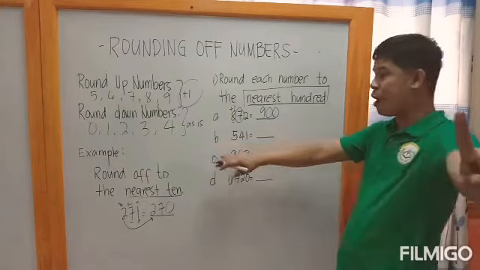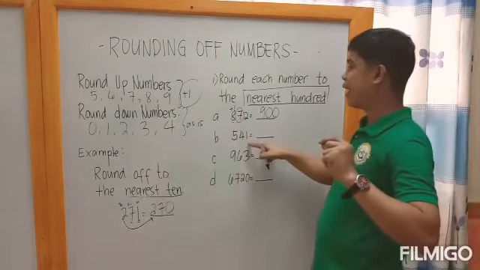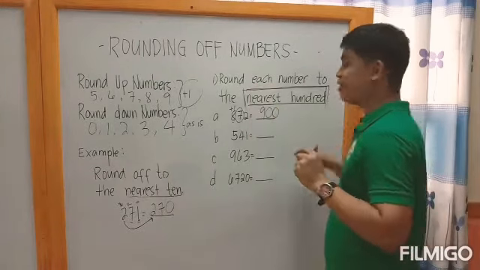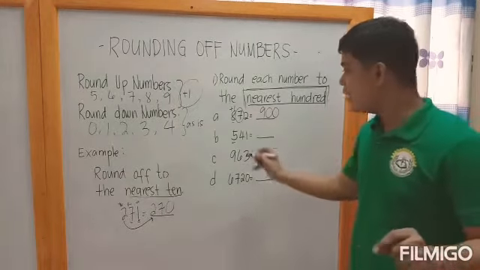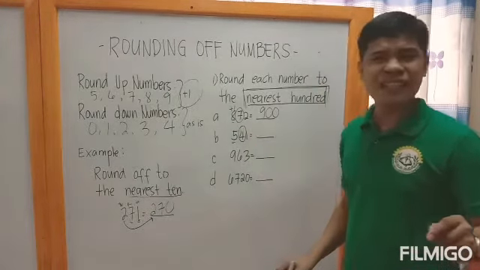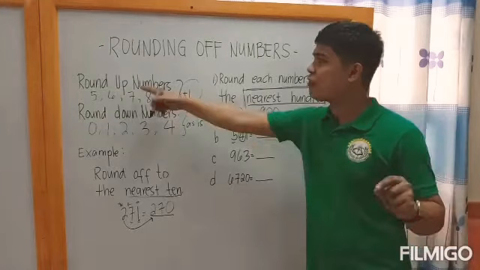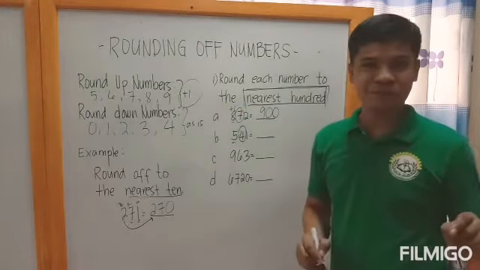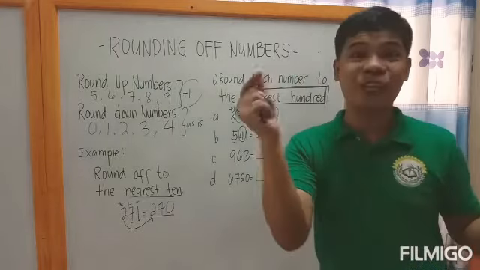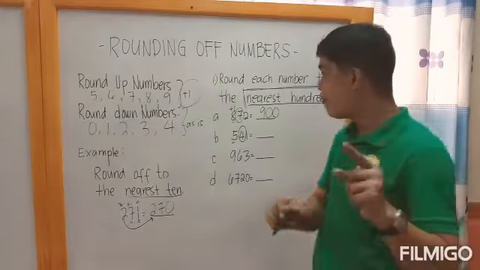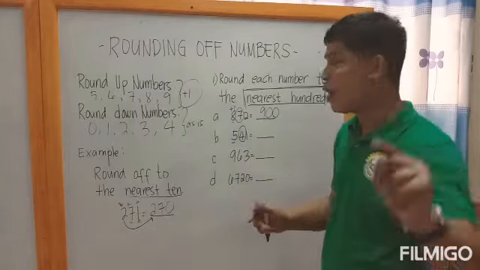Okay? So we have here letter B. Let's proceed to the next problem. 541. Nearest hundred. Target number is 5. Nearest number is 4. What is now this 4? Is it a round up or round down number? 4 is a round down number, meaning to say we will retain the 5, it will not be added 1 point.